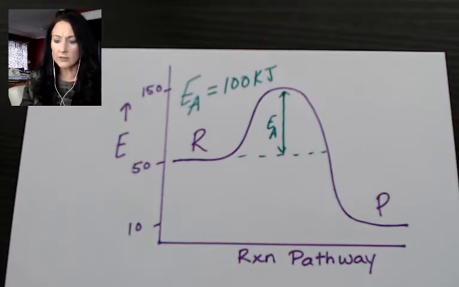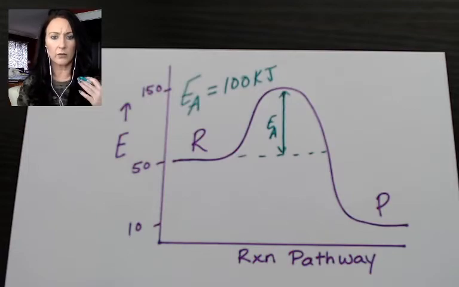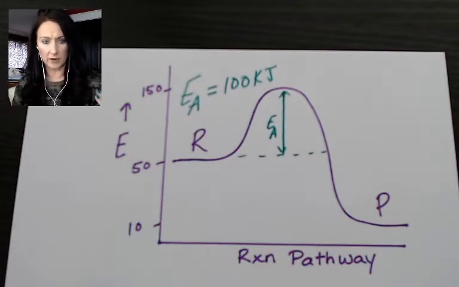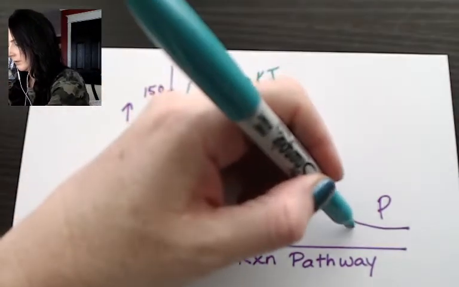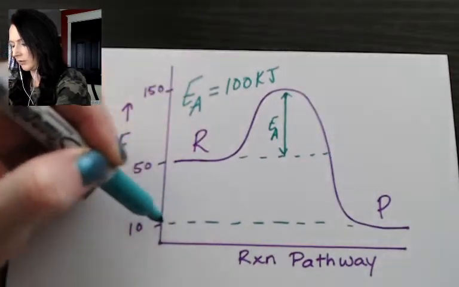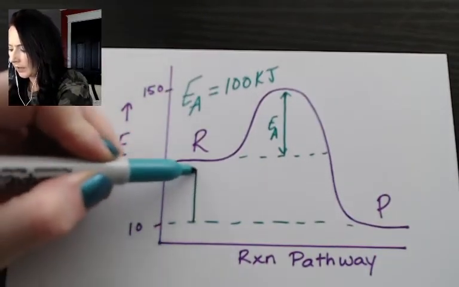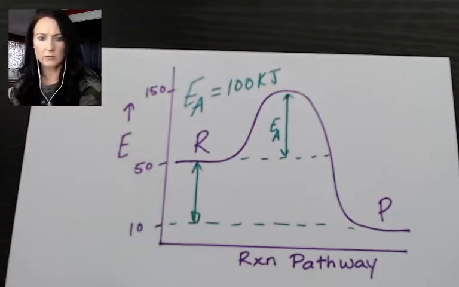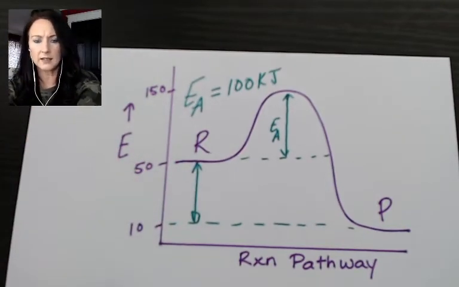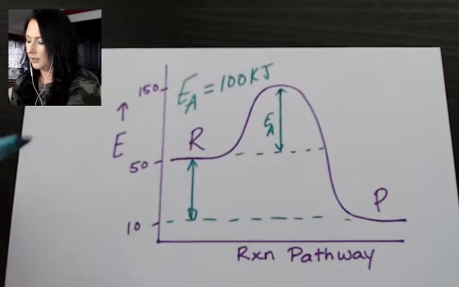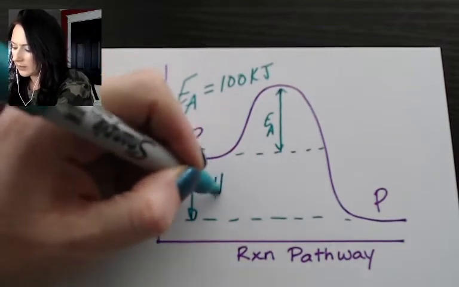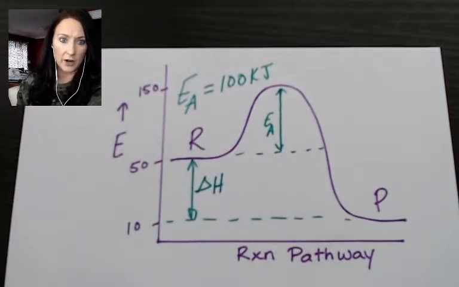Something else you might have to label is the delta H. The delta H is the difference of where the reactants begin and the products finish. So if I'm labeling this in terms of their energy, I'm going to draw another line across the bottom here. And the difference between reactants and products is the delta H. So here's my delta H, and of course, final minus initial.